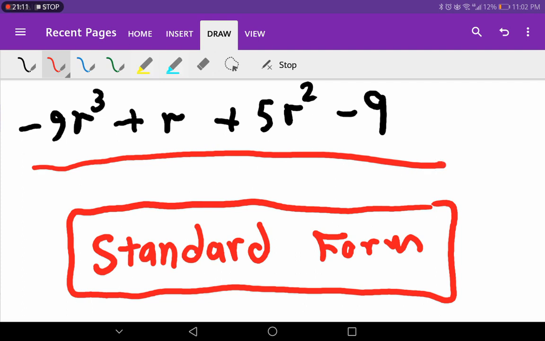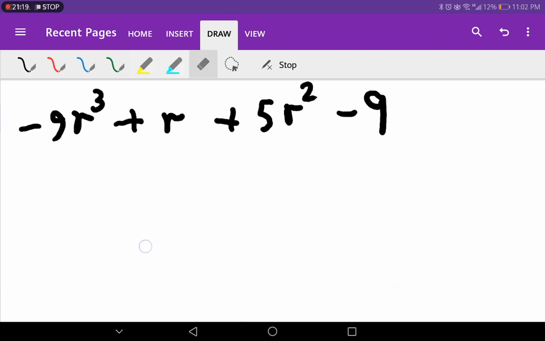You have to order this polynomial from greatest power to least power. How come, teacher? It is hard. No, my dear student. You see, the highest power here is 3. So this term is the first. The second one is this, yes? So this comes before r with power 1, yes?